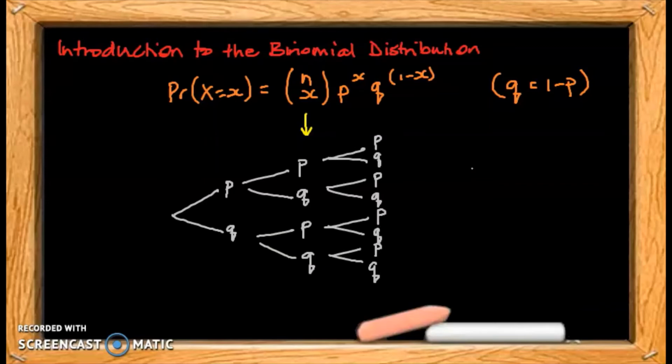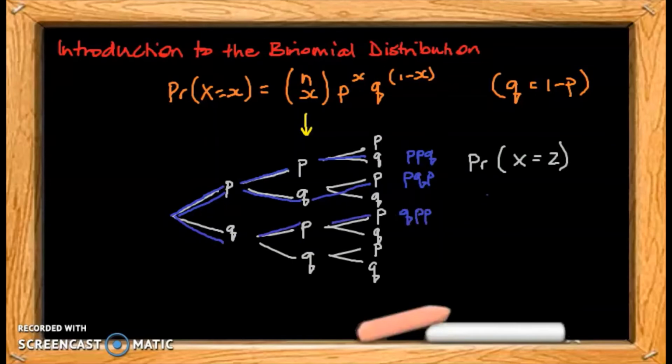For example, if I was looking for the probability that I had 2 successes here, that means I'm looking at any path in which there are 2 P's, which means I can take this path and then add here P, P, Q. I can take P, Q, P, and I can also take Q, P, P. So that means there are 3 paths which each have 2 P's and 1 Q. And it doesn't matter in what order we have them in.